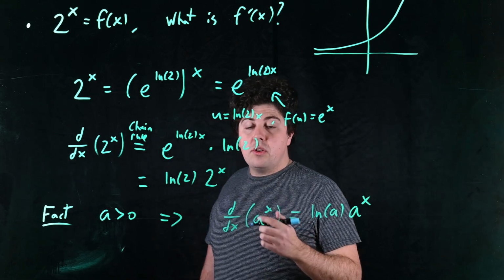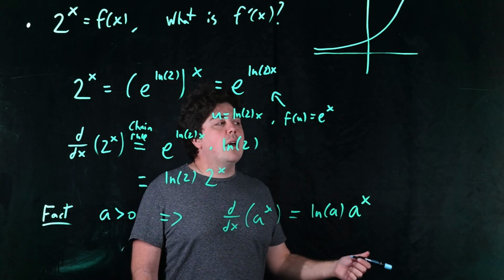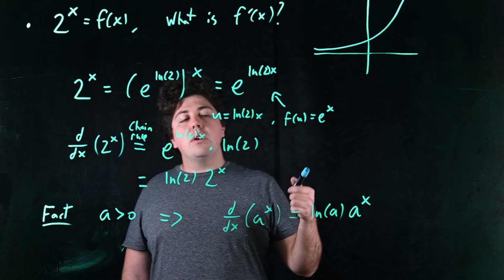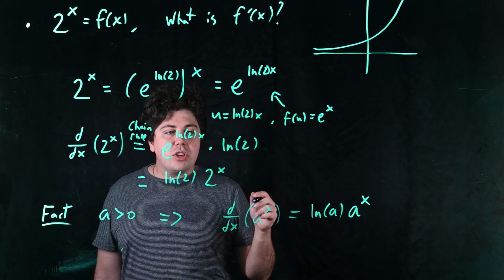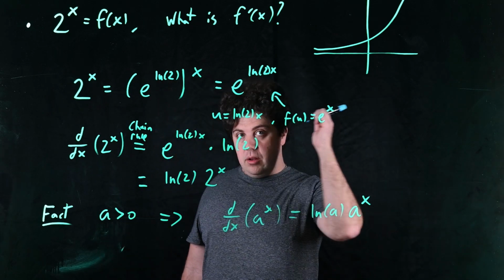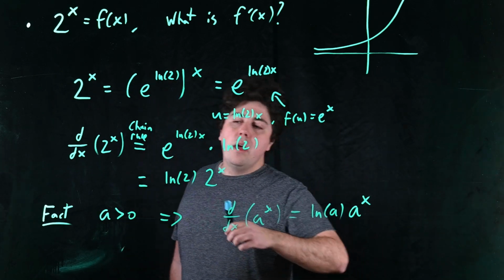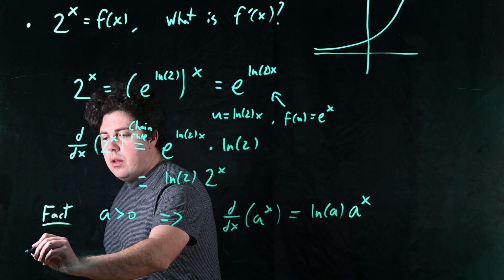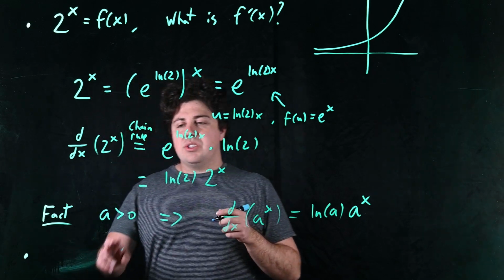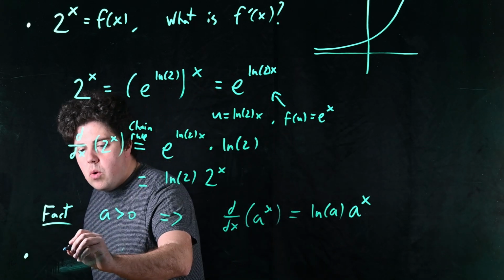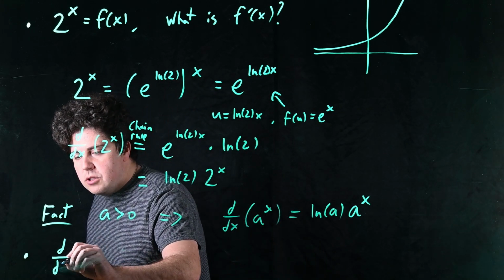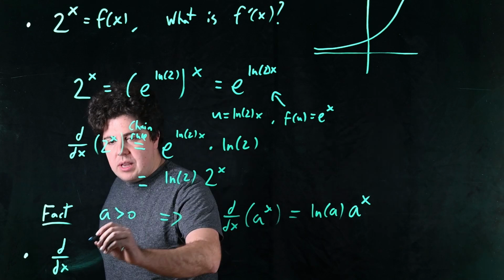Now, another thing that you can do is compute the derivative of log base a of x in essentially the same way as we did the natural logarithm. Remember that log base a of x is the inverse function of a to the x. So I'll spare you the details, but you can work through them yourself if you'd like.